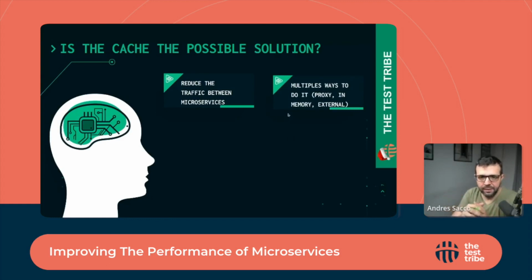There are multiple ways to implement this, like proxy, in-memory, external. Each of them has some pros and cons.